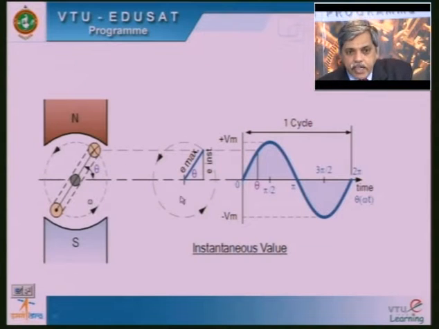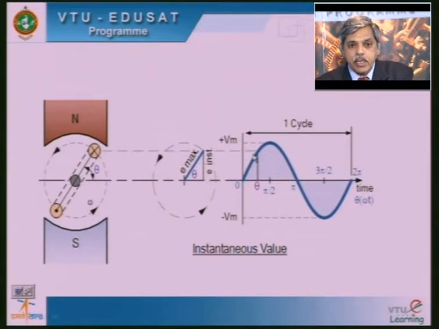Okay. Now in the second diagram, I have shown a conductor here, the blue one. This is rotated at an angle of theta in the circular direction, that is with an angular velocity of omega. At a given instant, when the angle is theta at a time t, I have the sinusoidal voltage induced given by this vertical distance, okay.